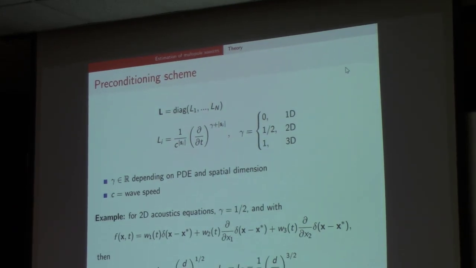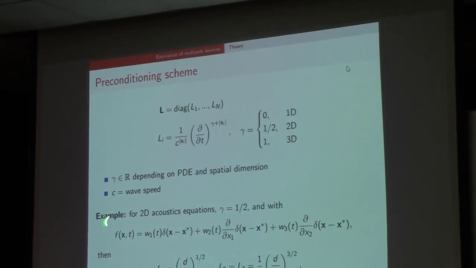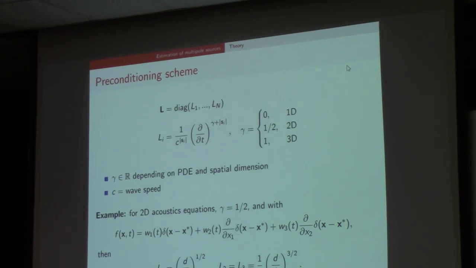Where's that coming from? So let me give you an example of what the L's are going to be, and now I'm going to show you a plot that should motivate why we ended up with fractional derivatives. So here's a function f. Let's say you have a monopole term and 2 dipole terms. This is in 2D, so your gamma should be 1/2 according to this formula.